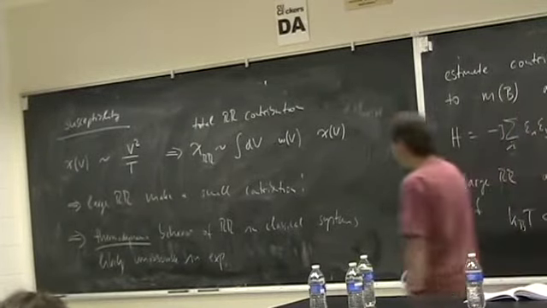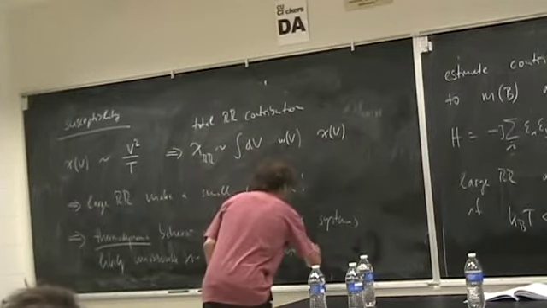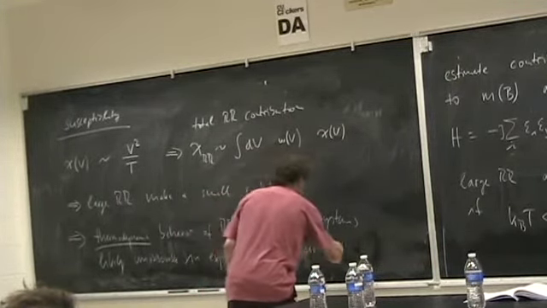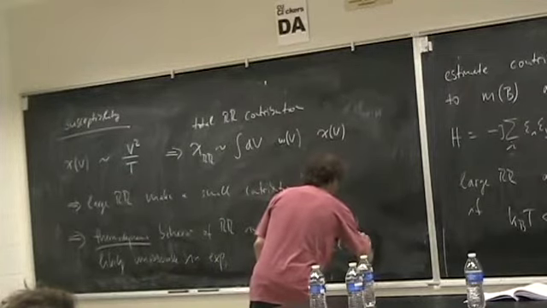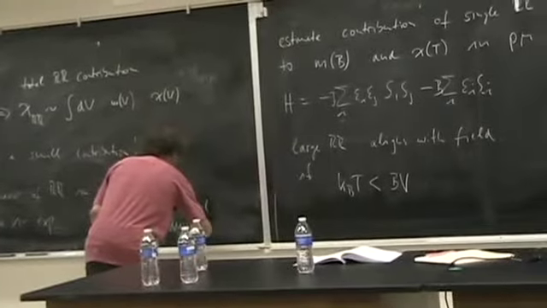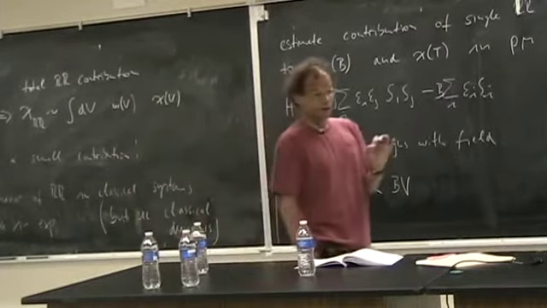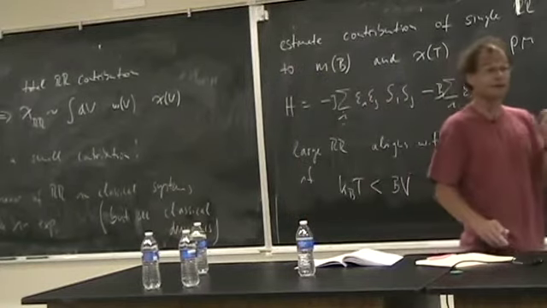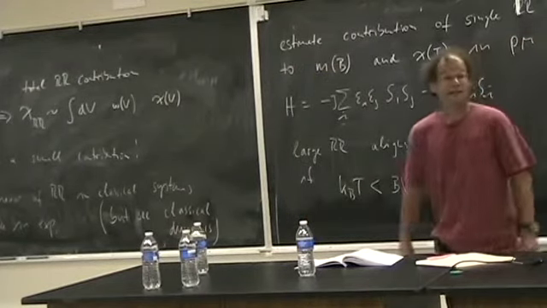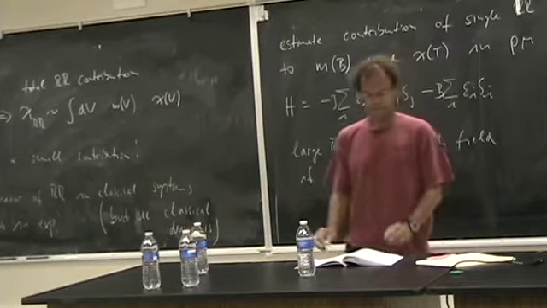Let me just make the remark that it can be different for classical dynamics. And for classical time correlation functions, there are actually experimental results that are in agreement with the predictions that you get if you do that.